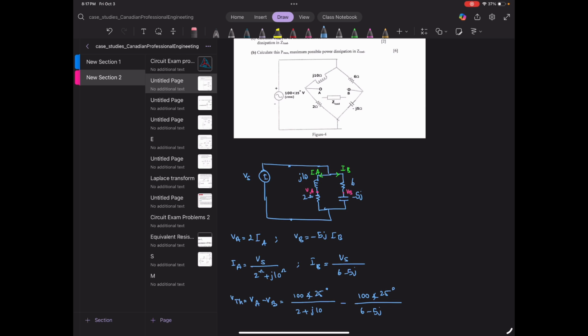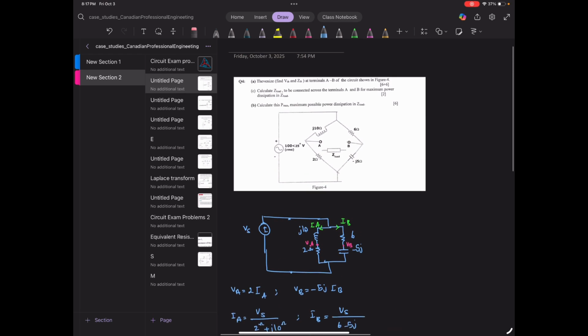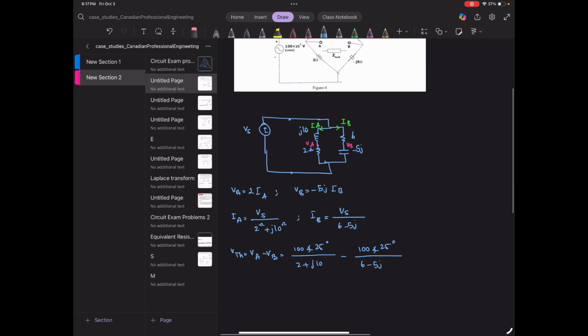And then we can do this math to find it. Okay, this is what we do to find VTH, sorry.